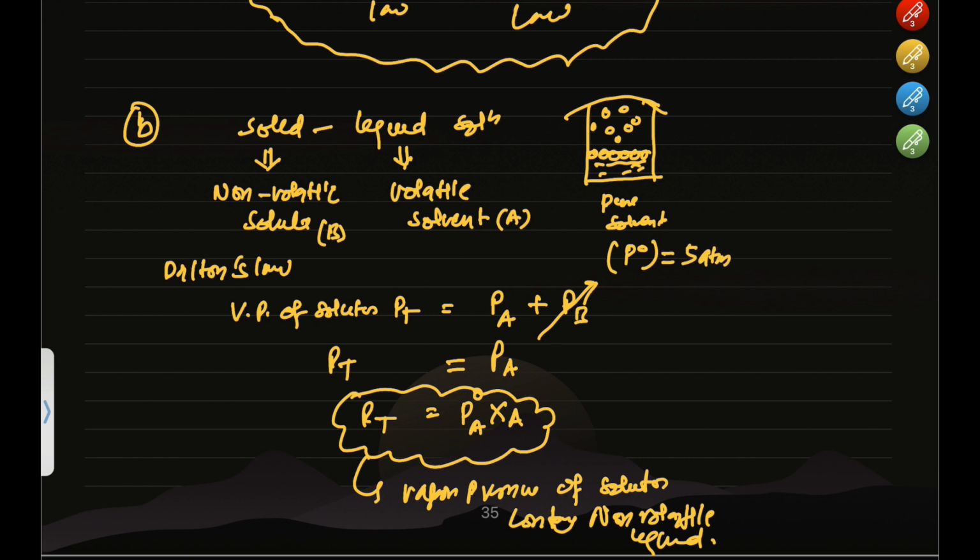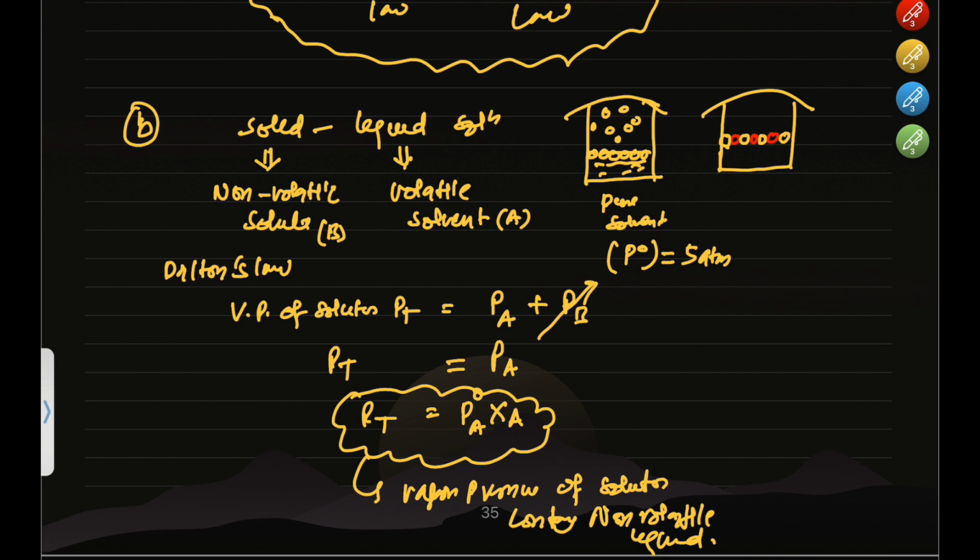Suppose 5 atm. If we add a non-volatile solute in it, the surface is also occupied by the non-volatile solute, like this. Earlier in the pure solvent, the whole surface is occupied by the volatile solvent.